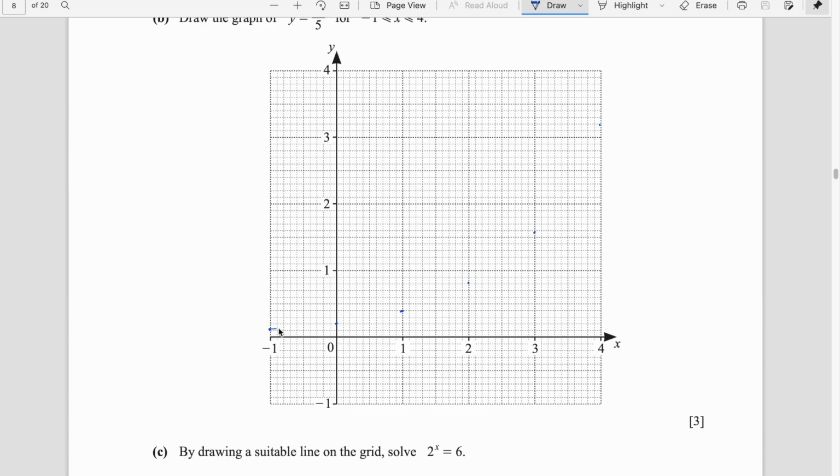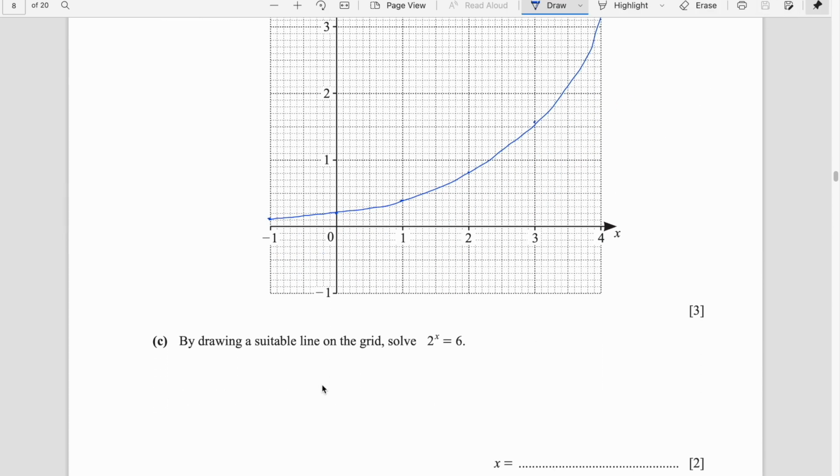So bear with me, I'll try to make a smooth curve, and I don't like that. Second attempt. And there we go.